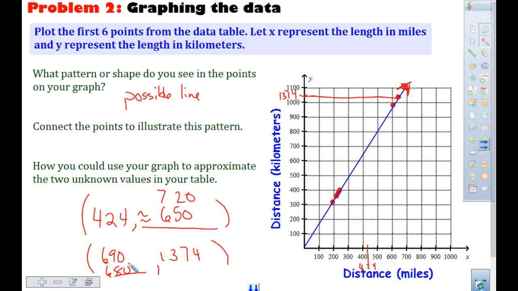You think it's that much? How can you have 1,374 if it doesn't even go that? That's in kilometers. That's the Y part. No, yeah, but the next number is 1,100. Oh. So 1374, way up here, right? So we can't even see it on our graph as we are looking at it.